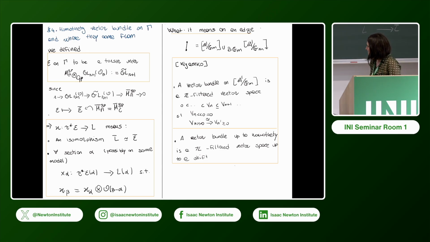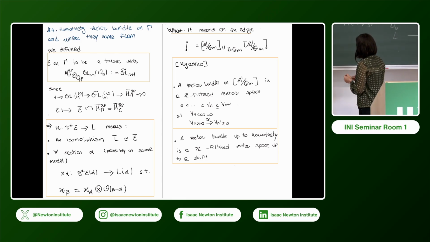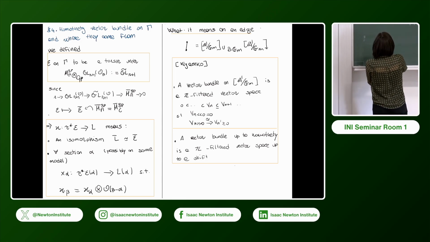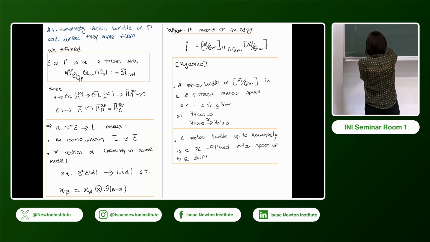Well, and now it follows immediately in this case that a vector bundle up to homothety on A^1 mod G_m, we can also make sense of this on A^1 mod G_m, is just a Z-filtered vector space up to shift. So A^1 is a toric variety, has its own log structure, which is the toric log structure.